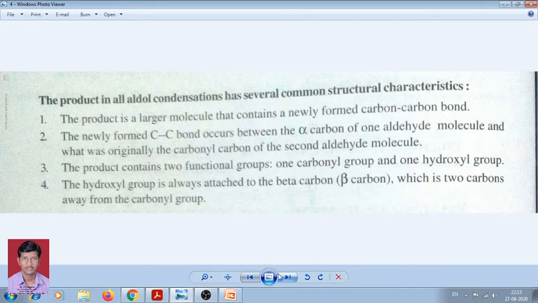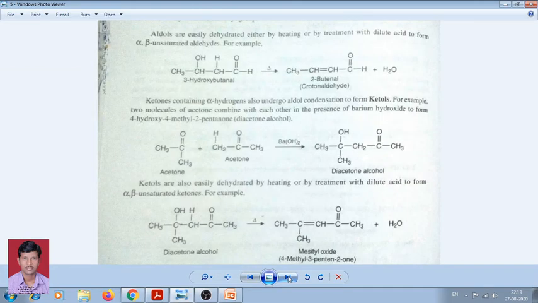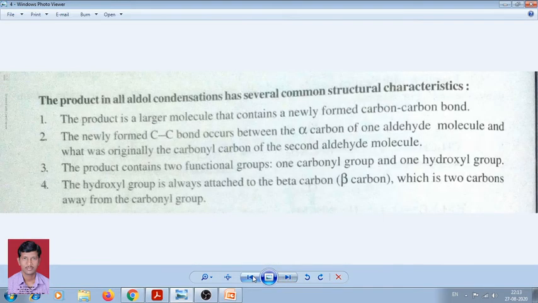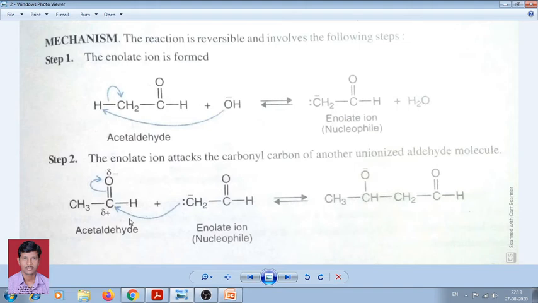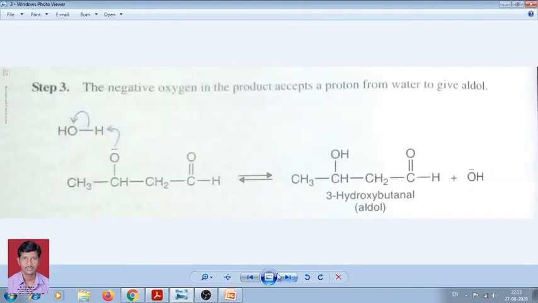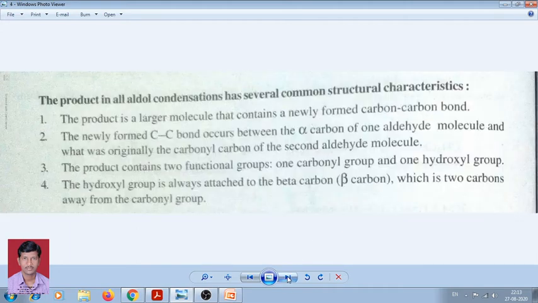Then the product contains two functional groups, that is carbonyl group and hydroxyl group. The product obtained here has two functional groups, aldehyde and OH, that is alcohol, and the hydroxy group is always attached to the beta carbon atom.